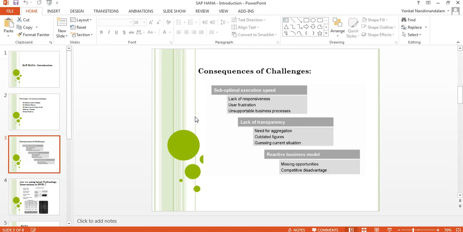Now the time has come where customers are looking very deep into their data to find out some unexpected answers or unexpected things from their organization. So they are looking very deep into data, which means they no longer want aggregated data. They want a detailed analysis on their data set or on their organization.